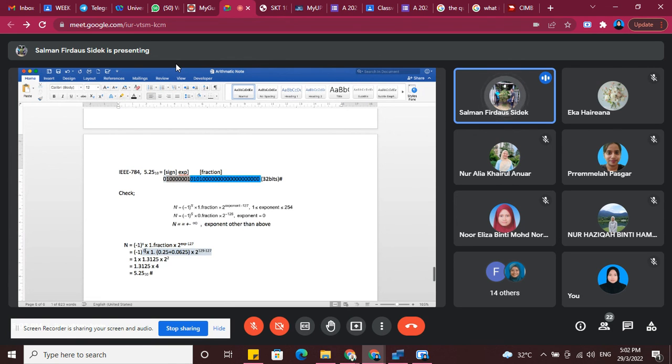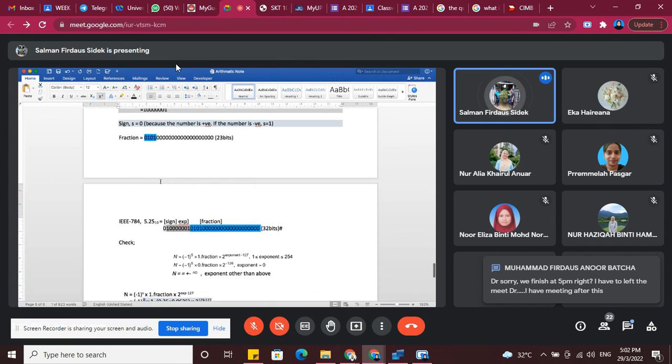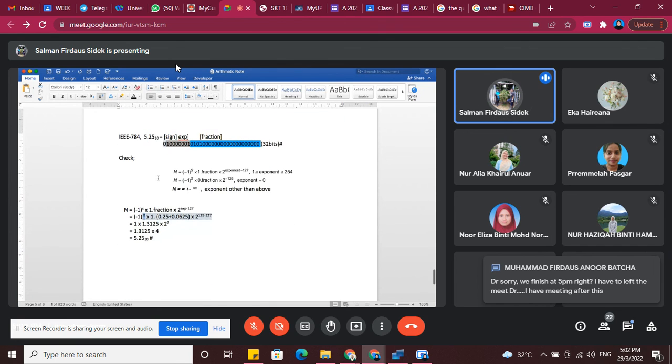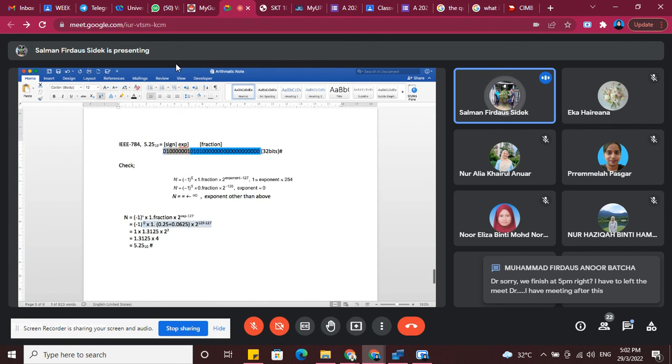So we use the first formula, okay, and then we write it here, and then we just replace the value. S is 0. We know from top here S is 0, and then 1 dot fraction. Fraction is this one, the blue one. So you see 1 here is represented by 0.25 and 0.0625. You take the value from the table above, okay, and then exponent is 129 lah.